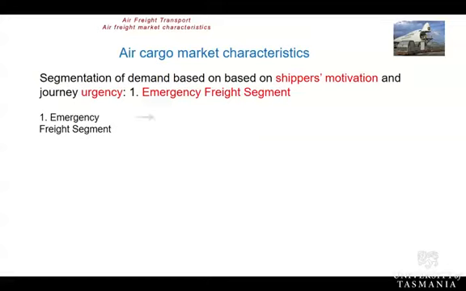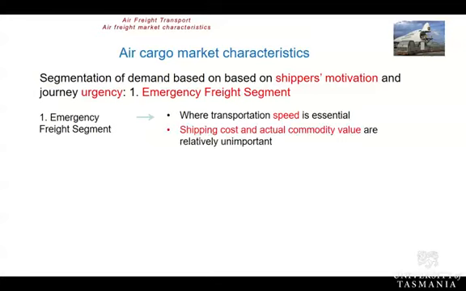So this is a grouping of customers where transportation speed is essential. Everybody in this group require their goods very, very quickly. When it comes to the shipping cost, the cost of their cargo, and the actual commodity value, it's unimportant.